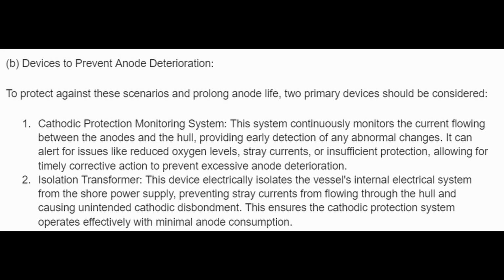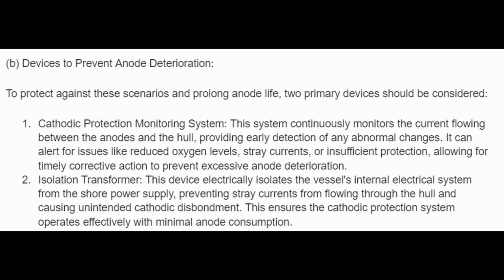This system continuously monitors the current flowing between the anodes and the hull, providing early detection of any abnormal changes. It can alert for issues like reduced oxygen level, stray currents, or insufficient protection, allowing for timely corrective action to prevent excessive anode deterioration.